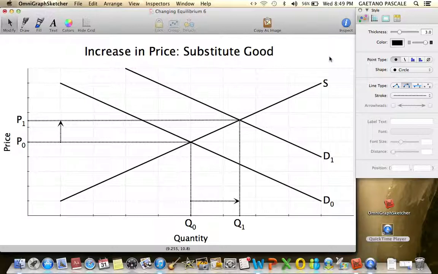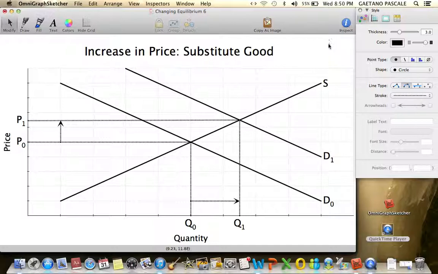Make sure, this is important, because in general I do ask a question about a change in equilibrium in the market, particularly from the demand side. Make sure you're comfortable with this. It's very important that you are able to do this.